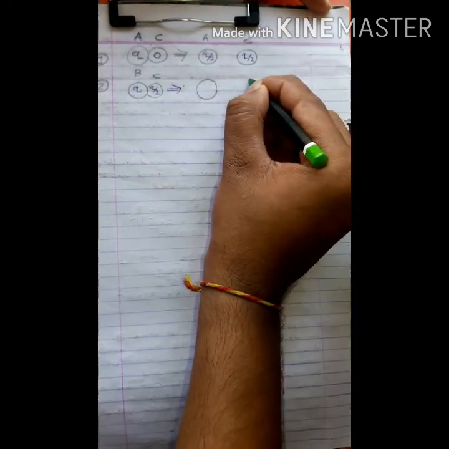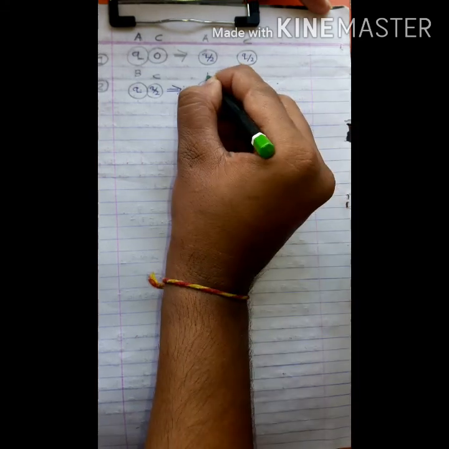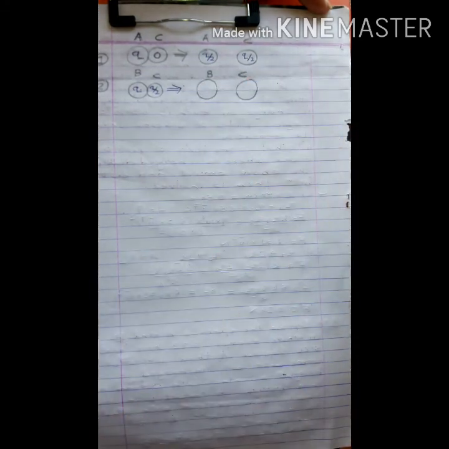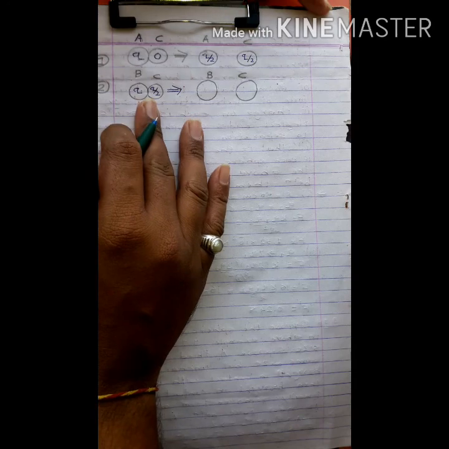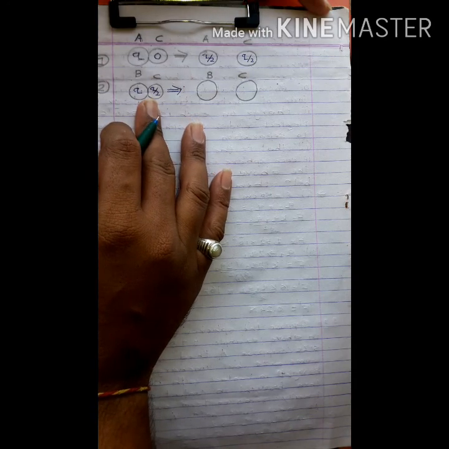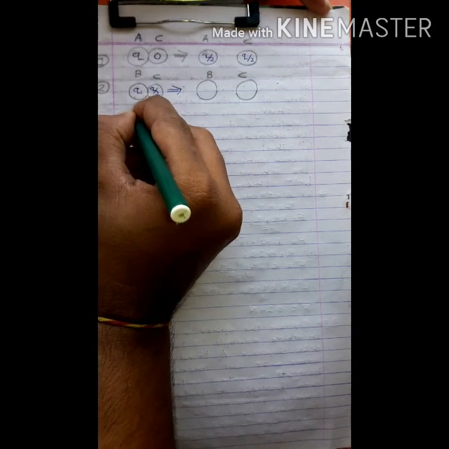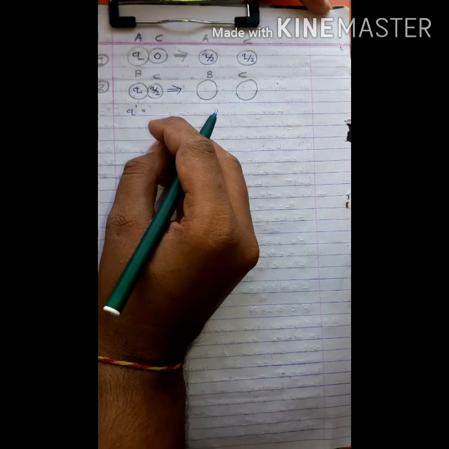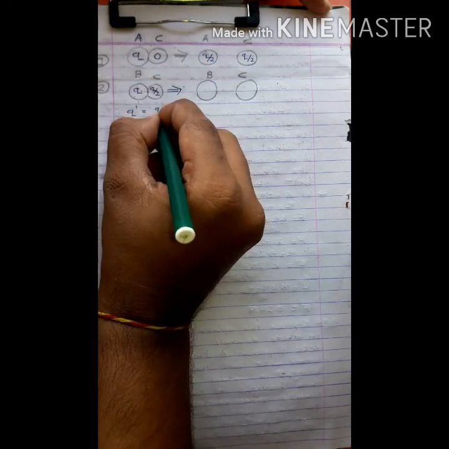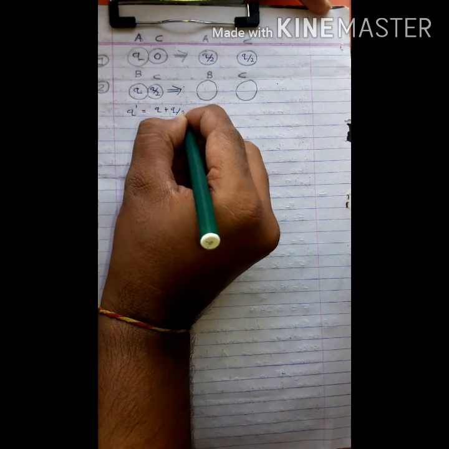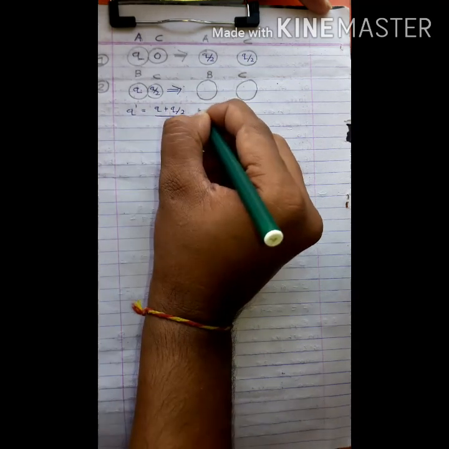So this is our B sphere and this is our C sphere. To find the charge on both spheres, we will use a simple mathematical step, the average. So the charge on each sphere, suppose Q dash, equals the average value: Q plus Q by 2 divided by 2.